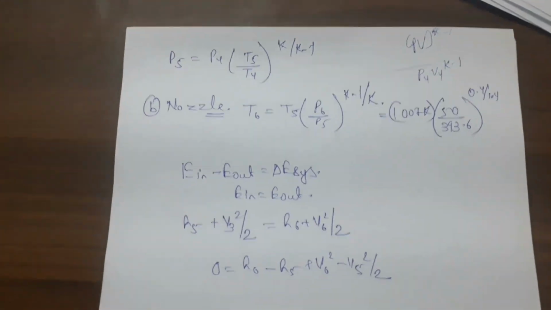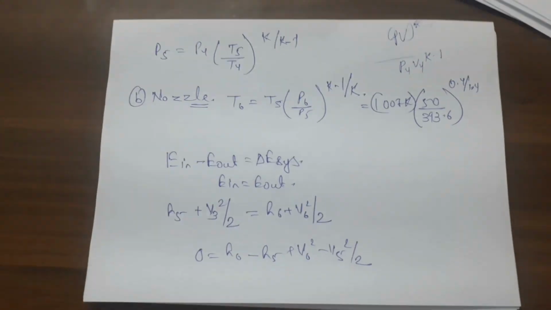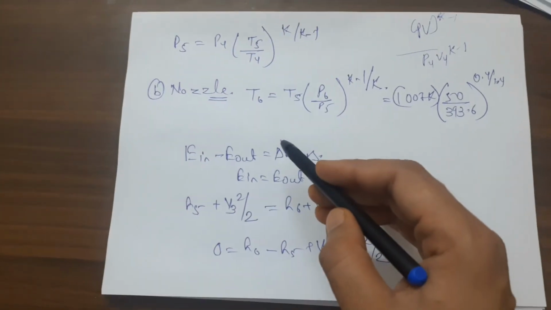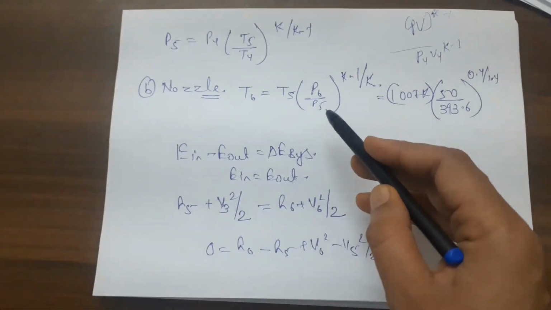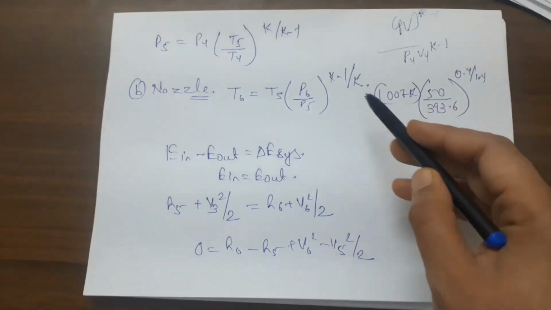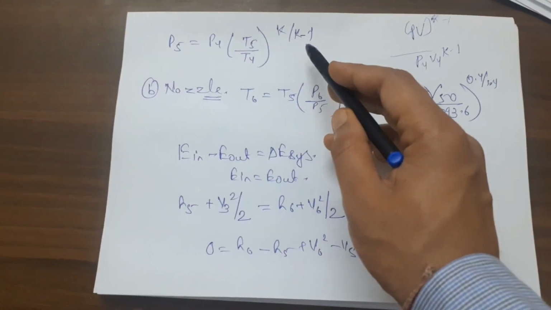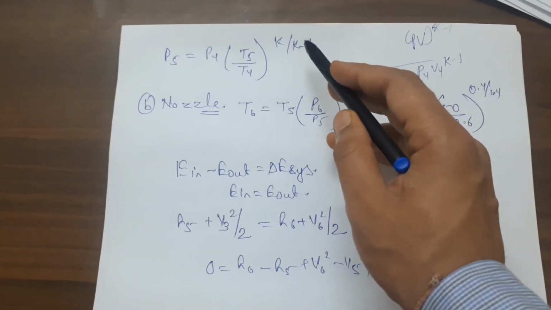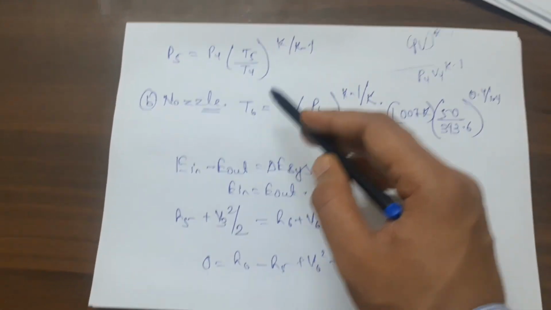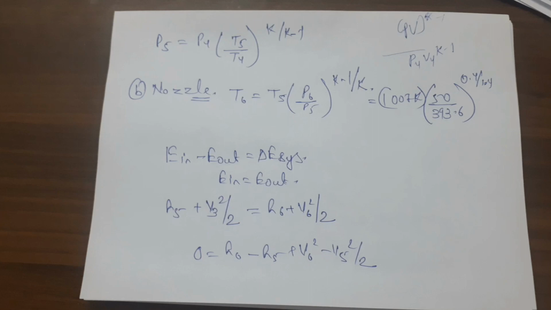Writing the equation for the nozzle of the aircraft, T6 is equal to T5 (P6 by P5) to the power of K upon K minus 1. So we know the PVT relation, then we found the relation of TP. So we don't have to remember every relation.